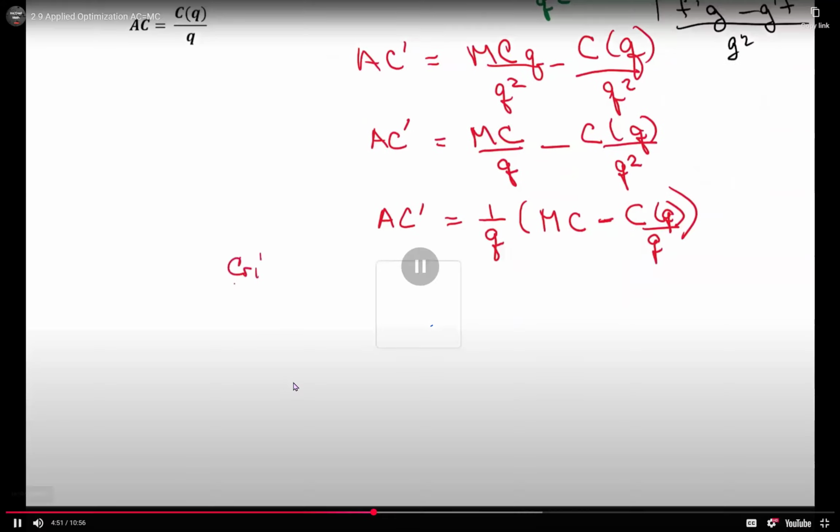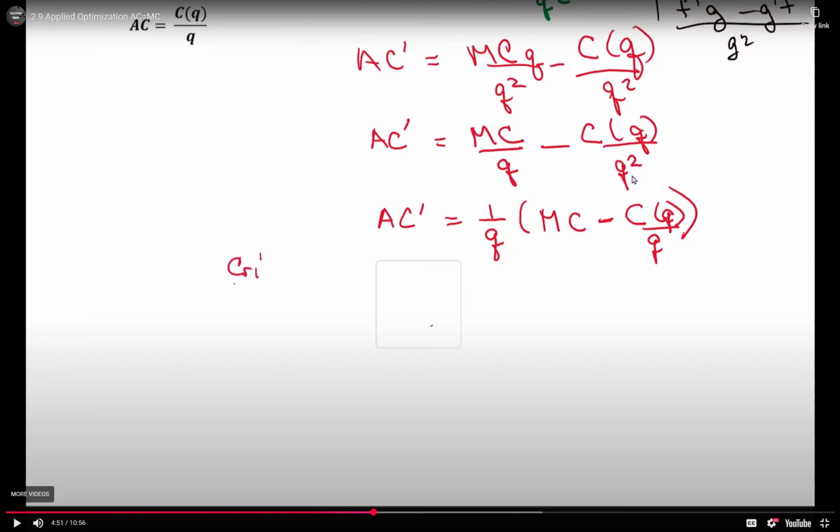Question. Where did the Q squared go? It's now Q. I factored out a Q from both of the denominators. See? If you distribute that, you get MC over Q, C of Q over Q squared, right? I factored out 1 over Q. Do you see it?